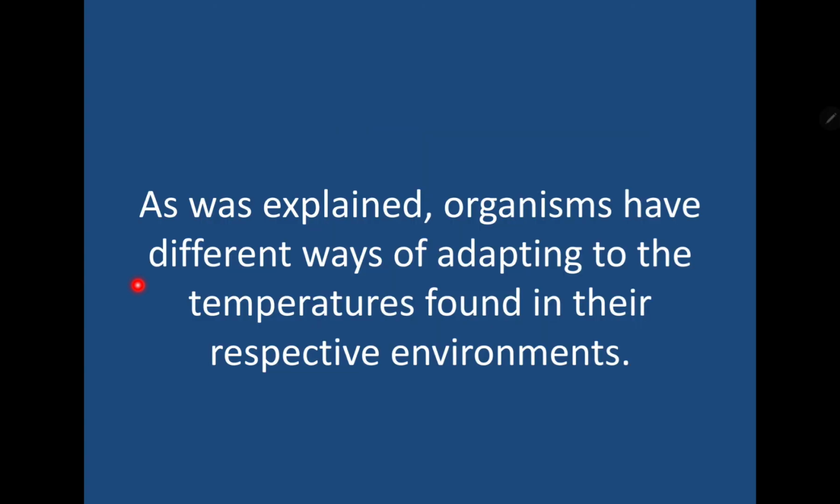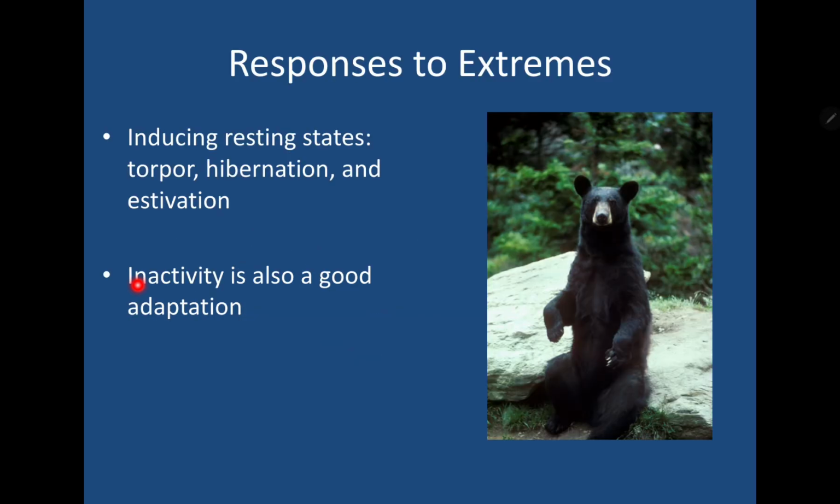As was explained in the previous slides, organisms have different ways of adapting to the temperatures found in their respective environments. Some organisms, on the other hand, have to adapt to more extreme conditions. So the strategies previously mentioned are already adaptations to extremes.